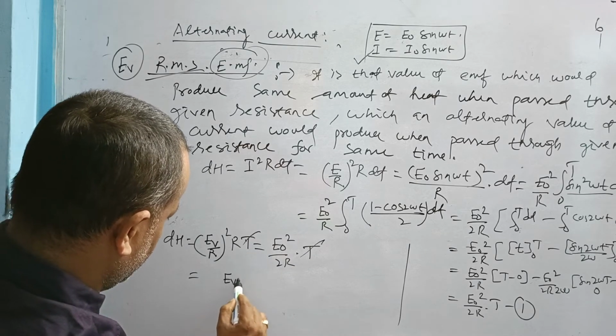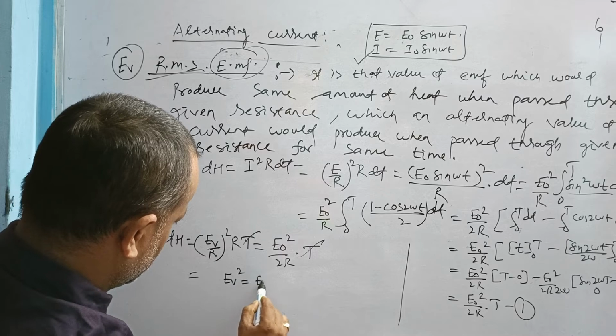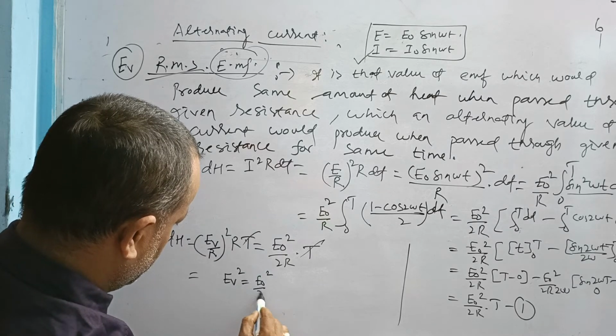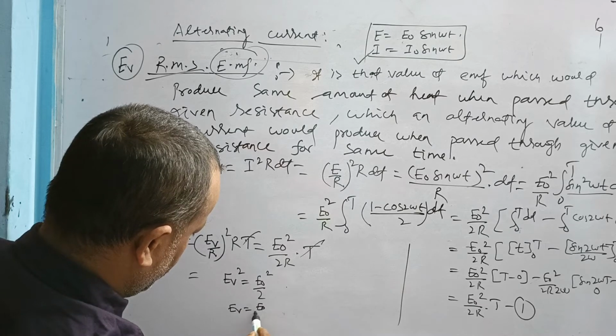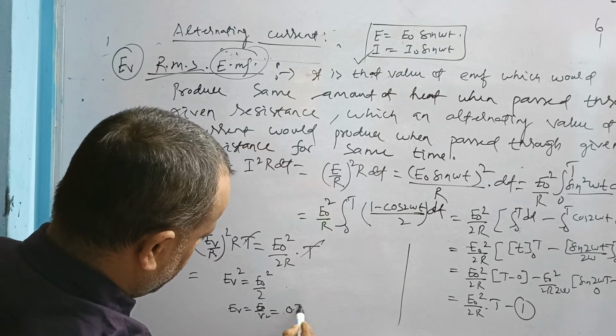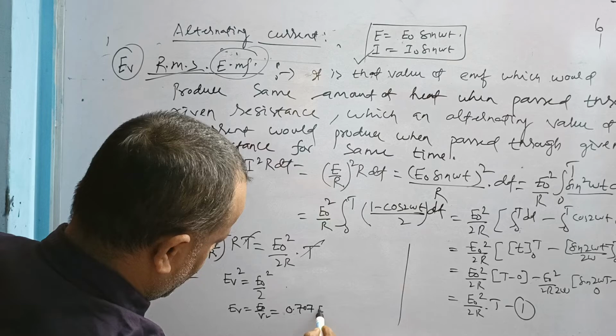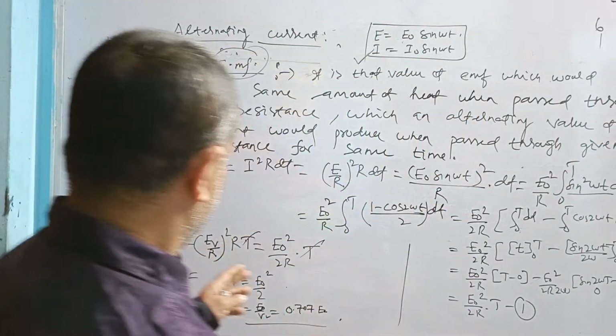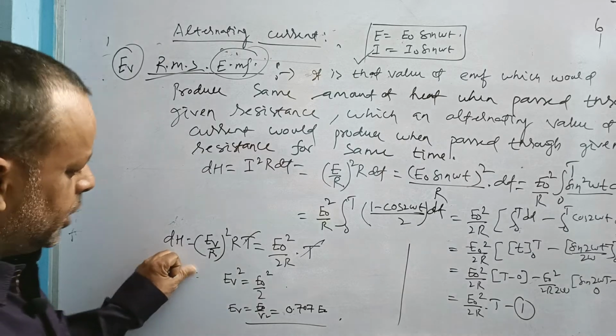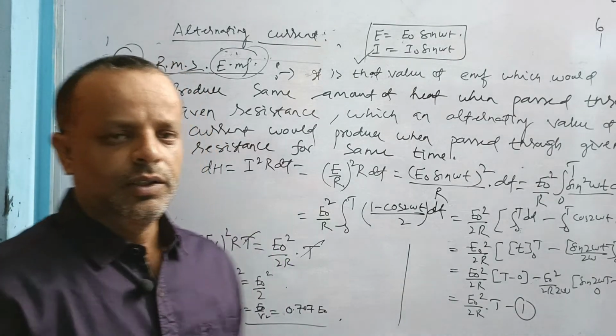We are getting EV square equals E naught square upon 2, which is EV equals E naught by root 2, that is 0.707 E naught.